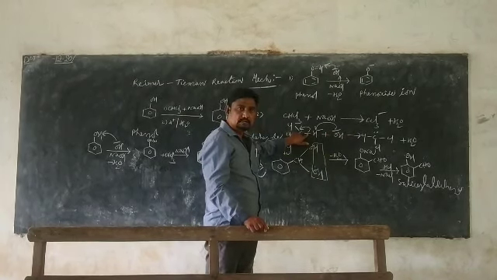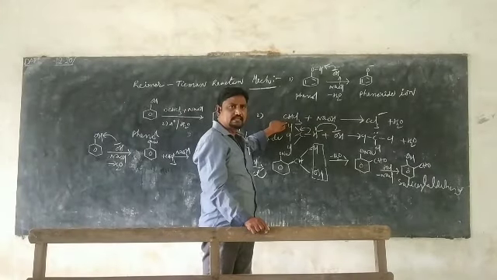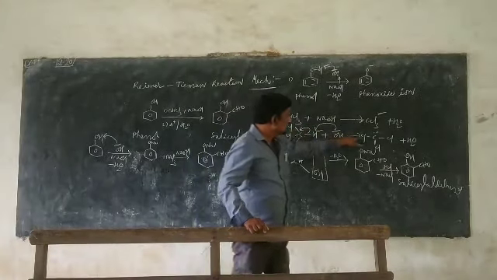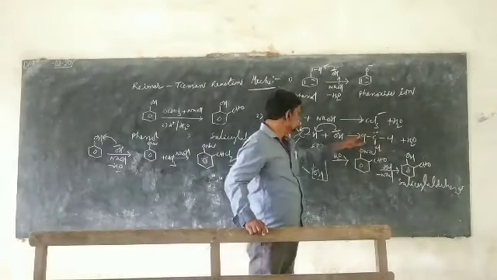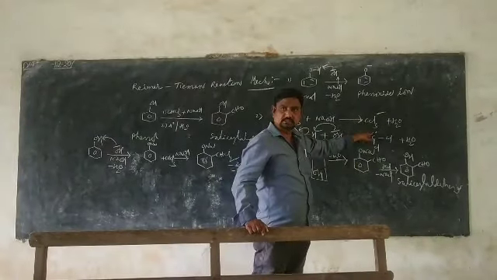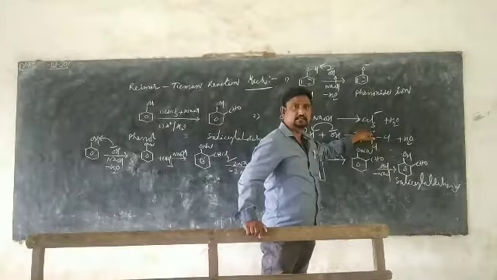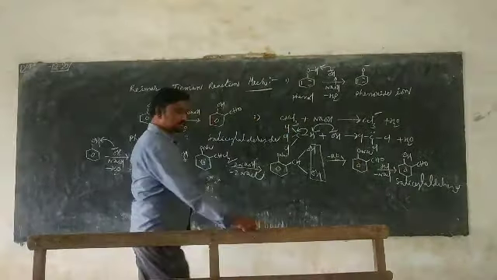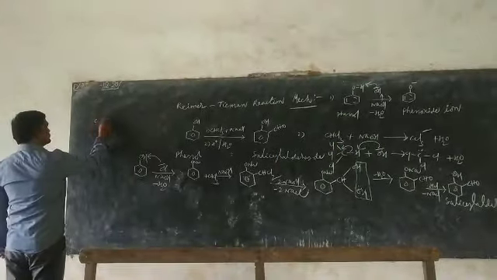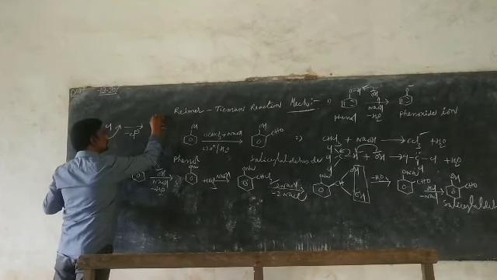Chlorine also has high electronegativity, so the lone pair of electrons remains here, giving CCl3 minus, the trichlorocarbanion. It eliminates Cl minus to give dichlorocarbene.